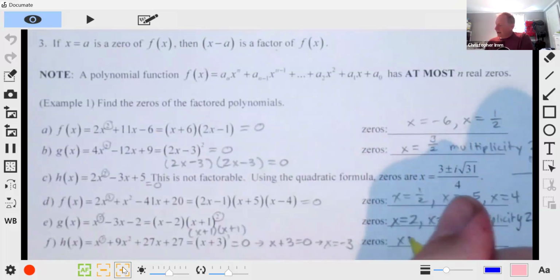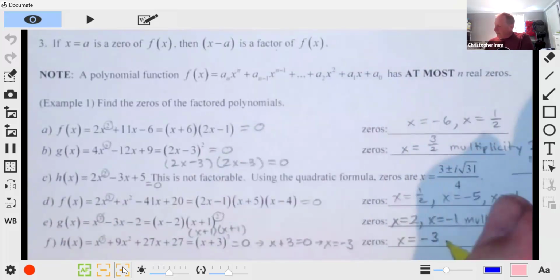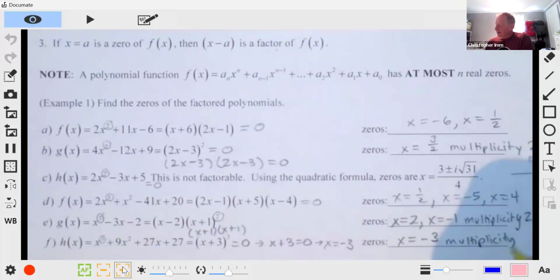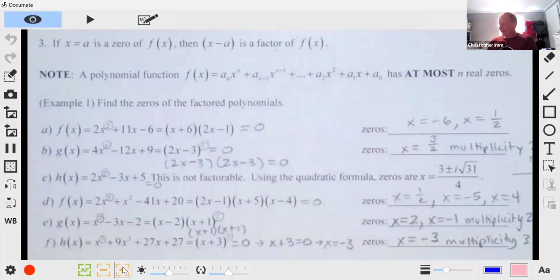So it turns out x equals -3 is a 0, but it's going to be a multiplicity 3. So we do see that cube on the x plus 3. And so the powers, really, when we factor these out, will tell us how many times we count that 0.